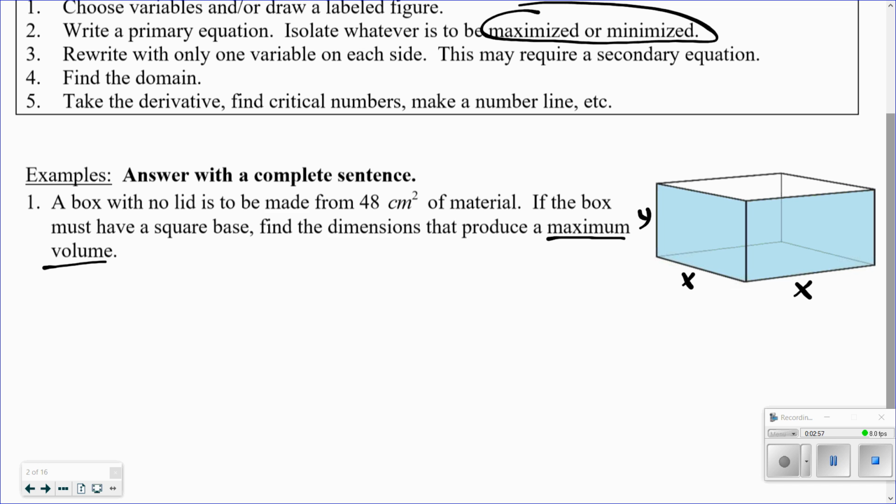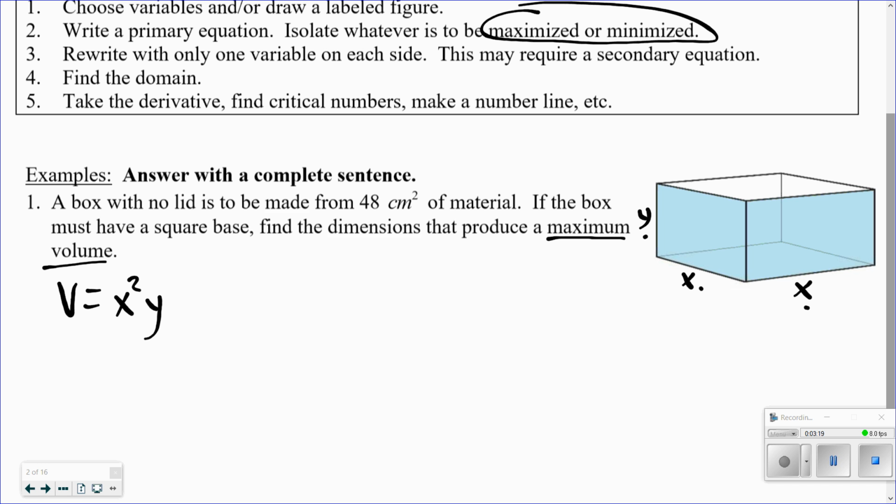We can tie the x and the y together with volume just using the volume formula, right? If I have a rectangular prism, I just go length times width times height. So I have volume equals x squared times y.